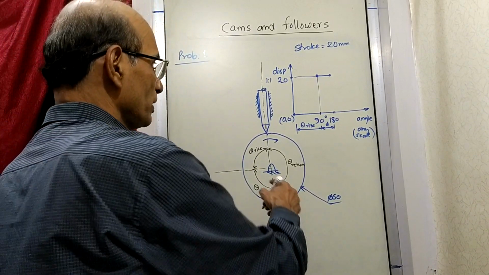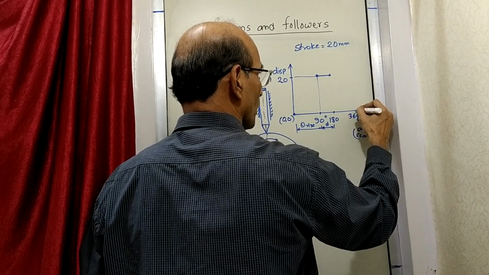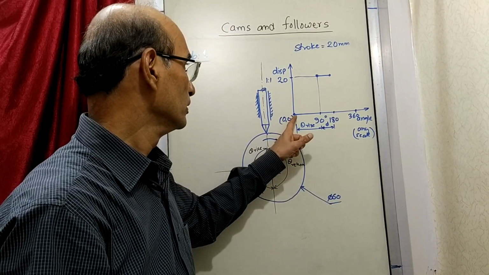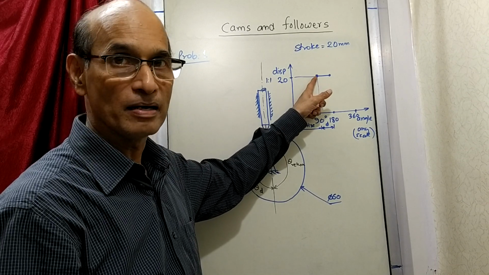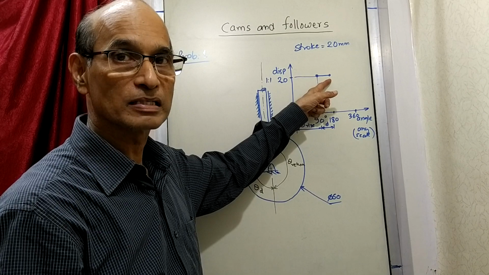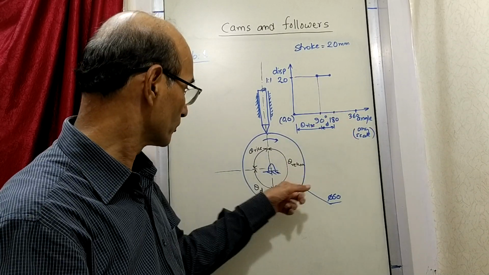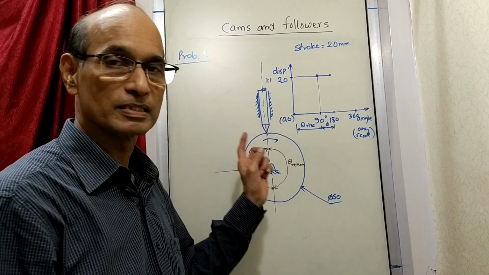And then the next 180 degrees, that is 360 degrees total, it is going to come down. That means the follower will be at 0 position when the angle is 0, at 20 mm high when the angle is 90. It will remain there for the next 90, and then it will come down for the remaining 180 degrees when this rotates like this.